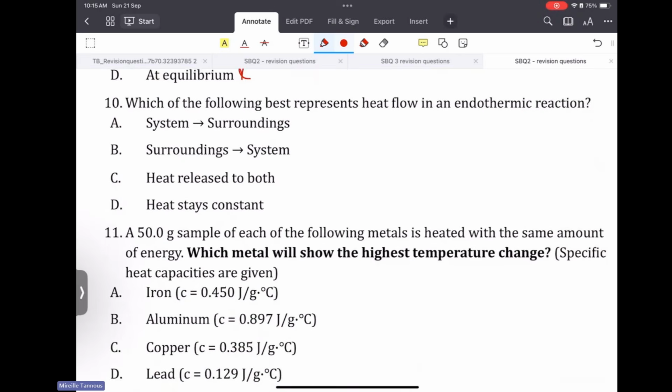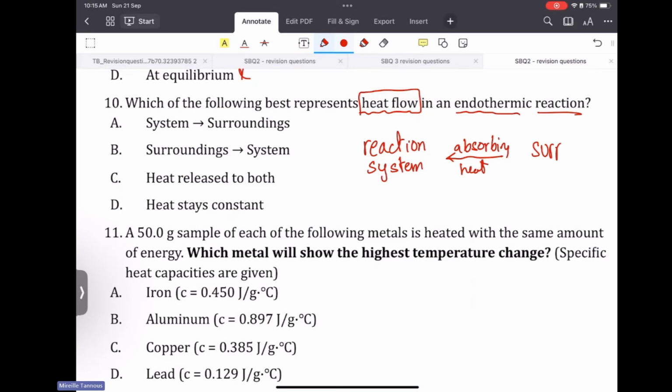Which of the following best represents heat flow? How does the heat flow in an endothermic reaction? In an endothermic reaction, I have the reaction, which I can also call system, absorbing heat. Absorbing heat from where?